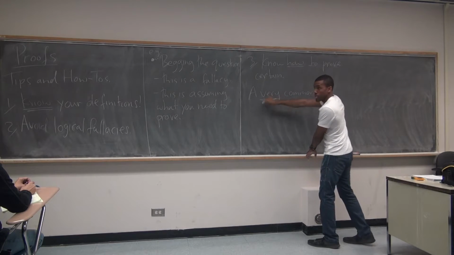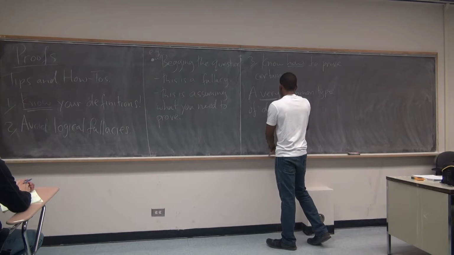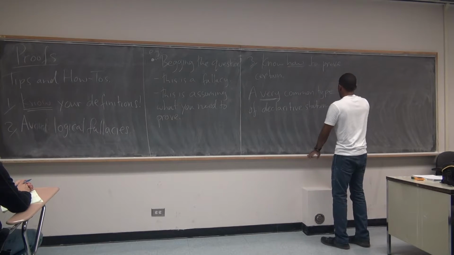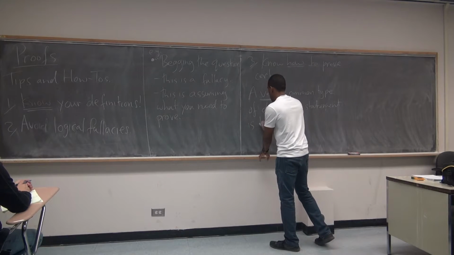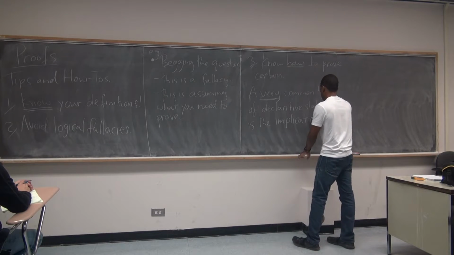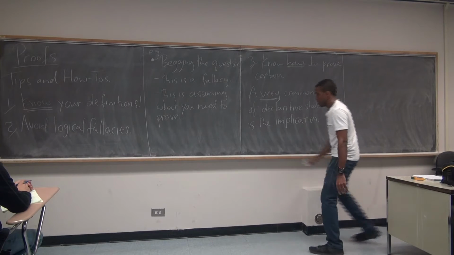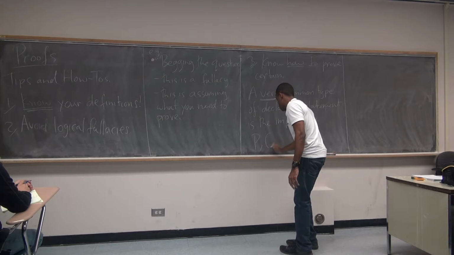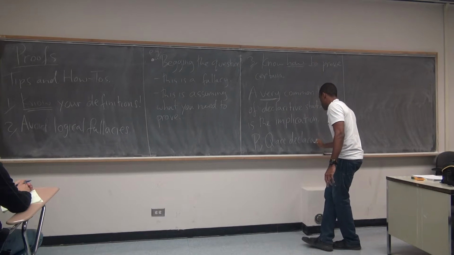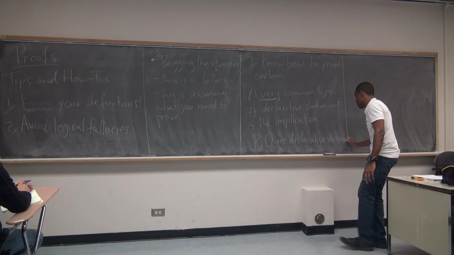A very common type of statement is the implication. Now, what does the implication look like? Let's say P, Q are declarative statements. Right? So there are statements that claim something to be true or false.